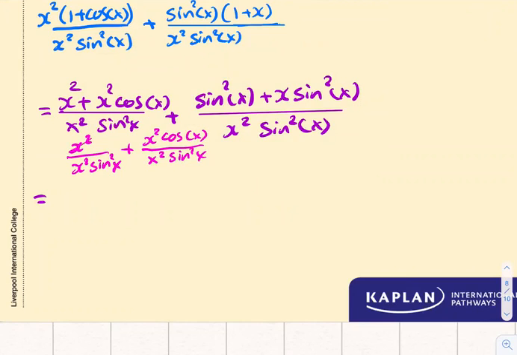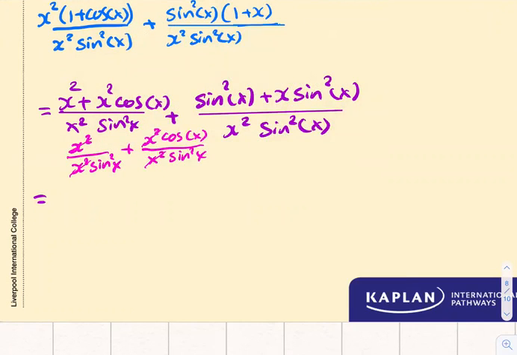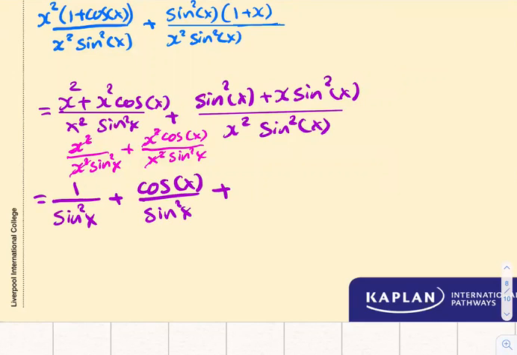So you cancel this x squared with this x squared and this x squared with this x squared. So after you do it for all of them, you will get 1 over sine squared x plus cosine x over sine squared x plus, for the other fraction, 1 over x squared.